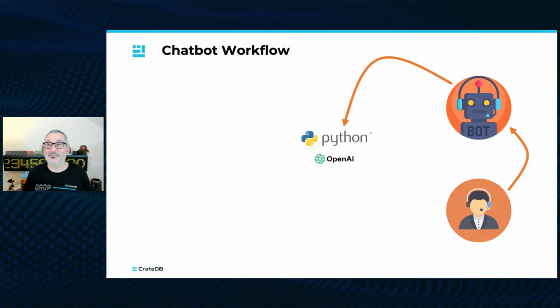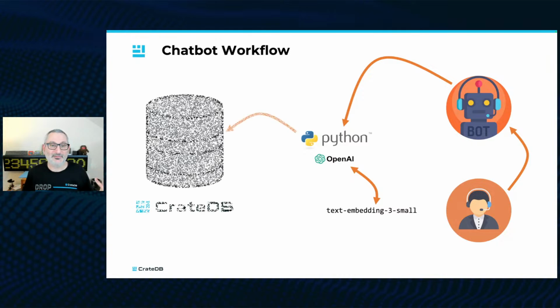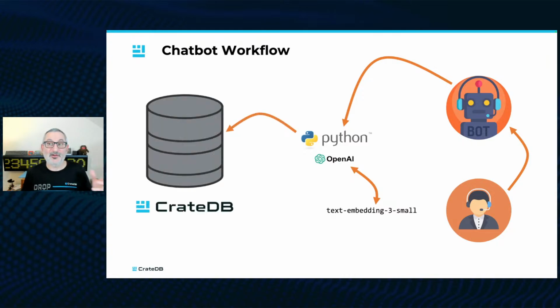And again, we're using OpenAI for the AI aspects here. So what actually happens to the user's query is we're going to run it through the text embedding model to get the embeddings for it. We're also going to get the actual key most meaningful words out of the phrase using another Python library that we'll have a look at later on in the code.